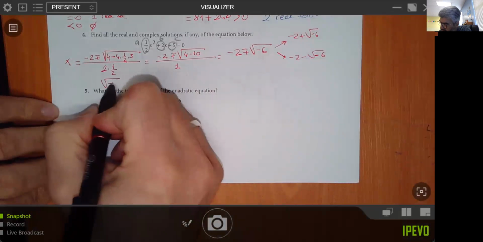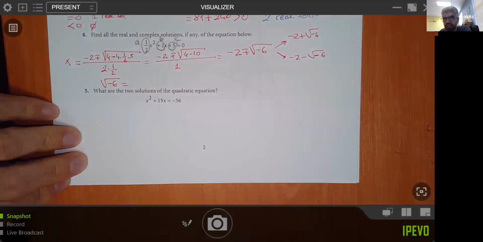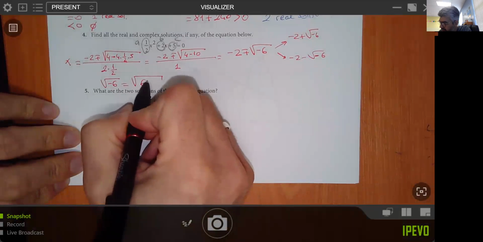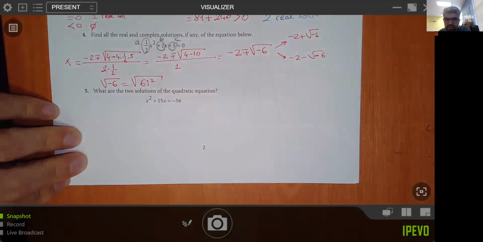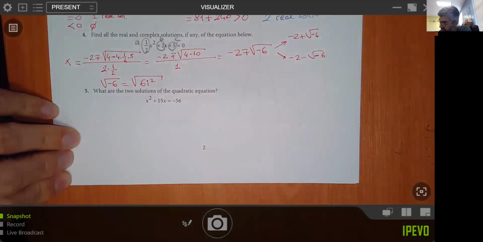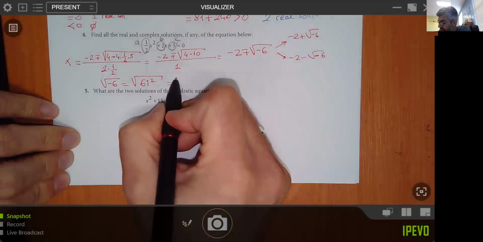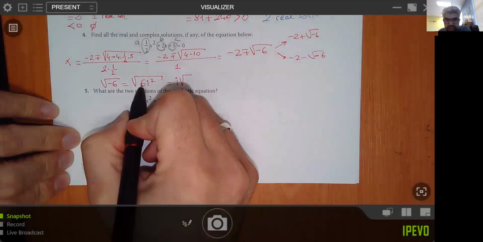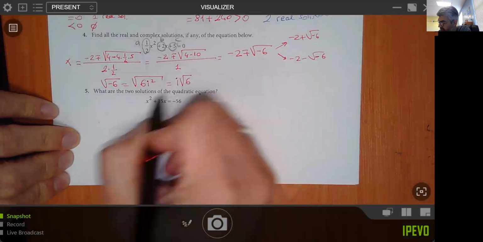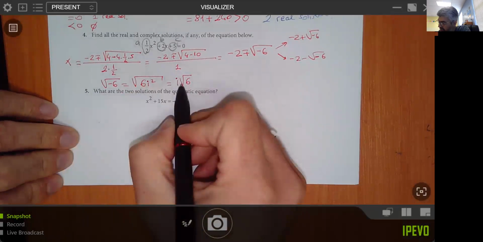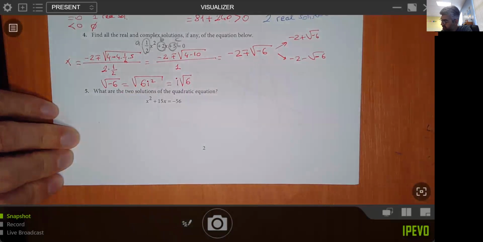First of all, let's work on square root of negative 6. I can write it as 6 times i squared. I squared is minus 1, and that i squared goes out as i, and there is no perfect square in 6, so 6 stays in. So square root of negative 6 is i square root of 6.